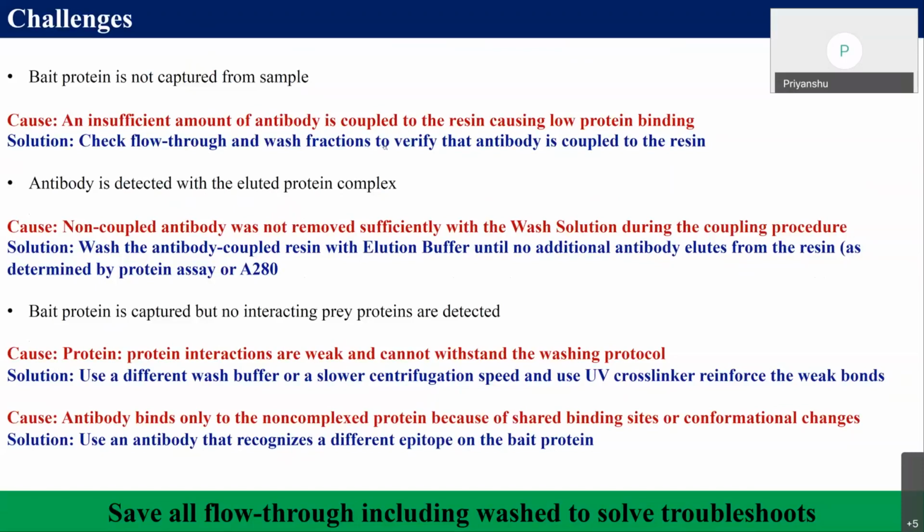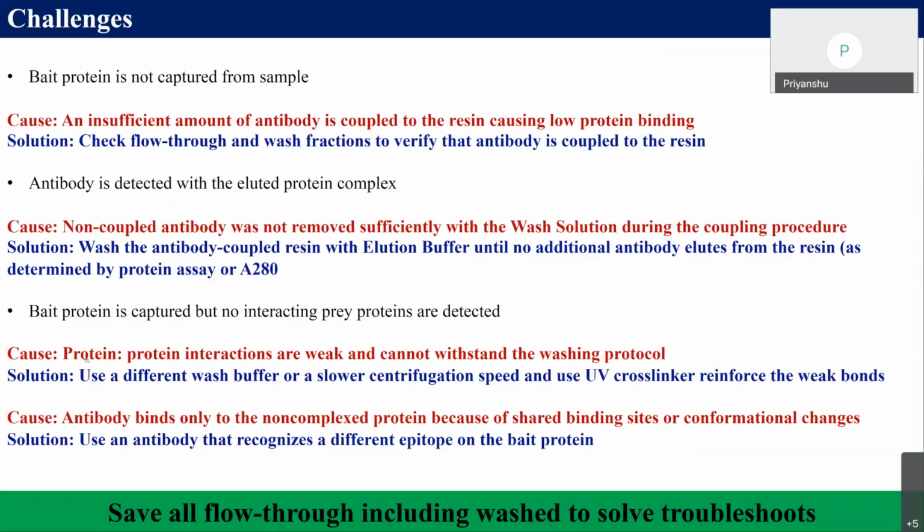In that case, maybe during coupling, when we link the bead with the antibody, the cross-linking is very low. So you can increase the cross-linking conditions and the concentration, or after washing, do repetitive washing and analyze the washing sample to check whether the antibody is coming out or not.